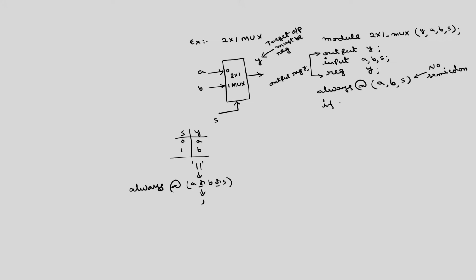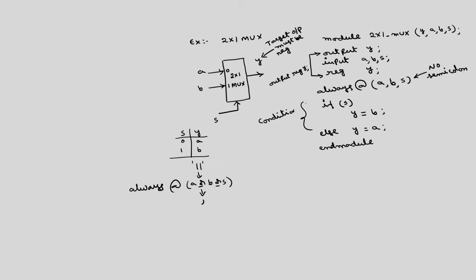If S, output Y is equal to B, else output Y is equal to A, end module. This is called a conditional statement.